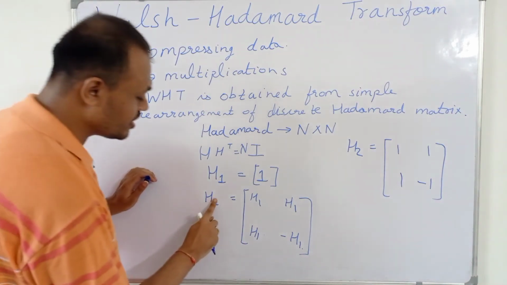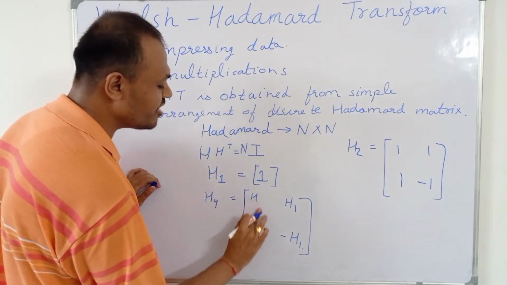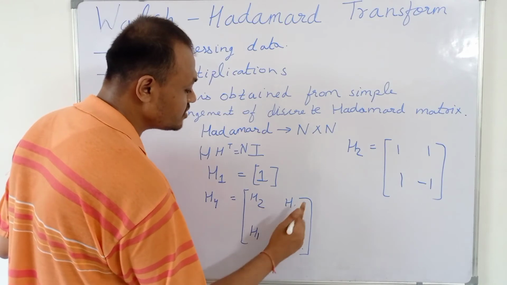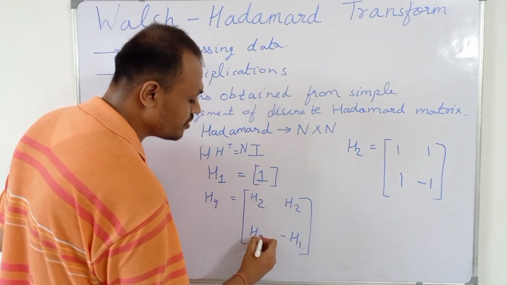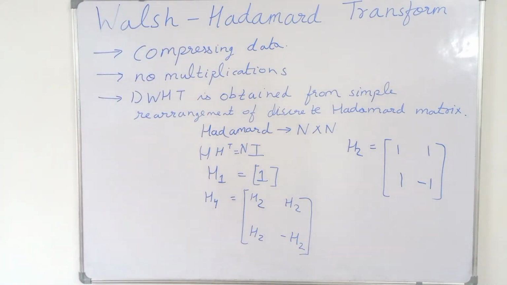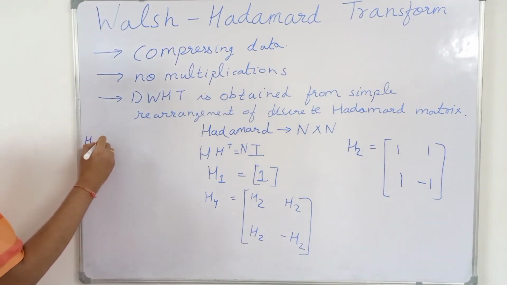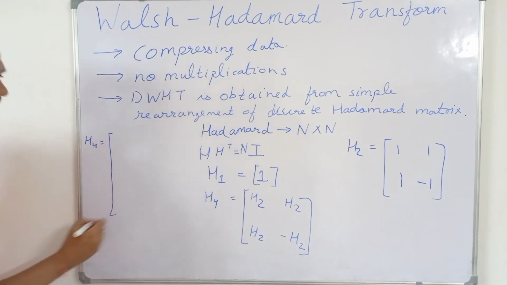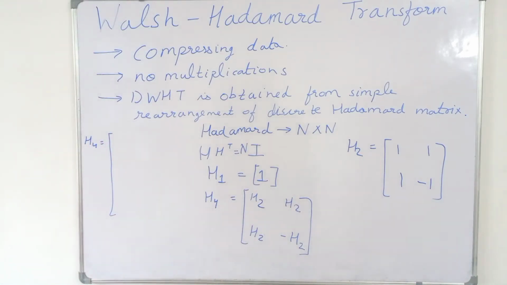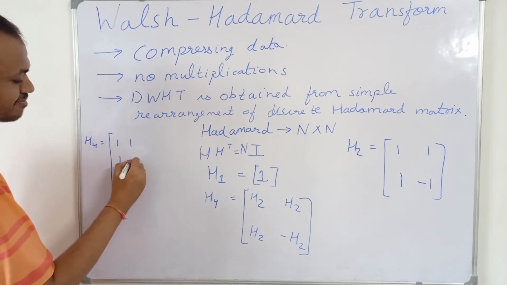Now to obtain the Hadamard matrix of order 4. The Hadamard matrix for order 4 will be H of 2, H of 2, H of 2 and minus H of 2. So it can easily be obtained from the Hadamard matrix of order 2. Writing H of 4, H of 2 is 1, 1, 1 and minus 1.